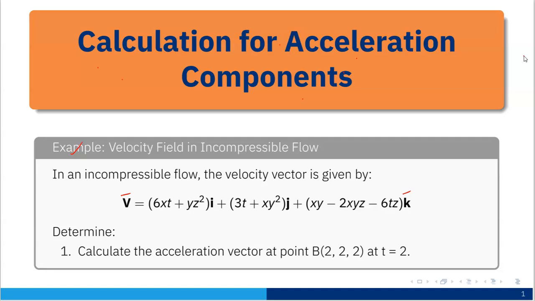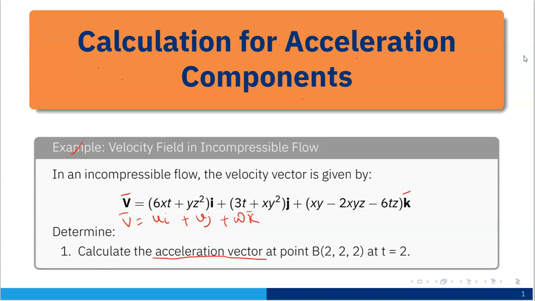Calculate the acceleration vector at point b, at x equal to 2, y equal to 2, z equal to 2, at t equal to 2. So we have to calculate the acceleration vector. Now we can write v as ui plus vj plus wk.